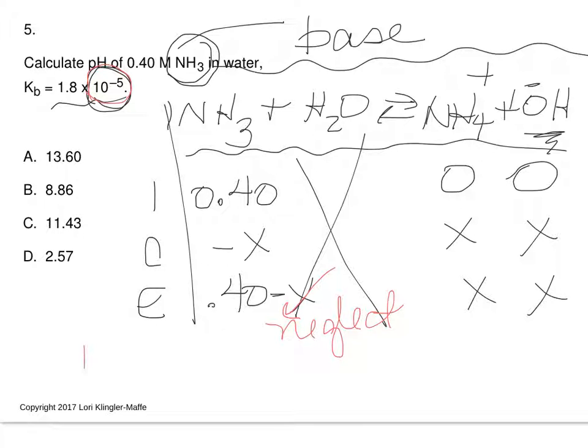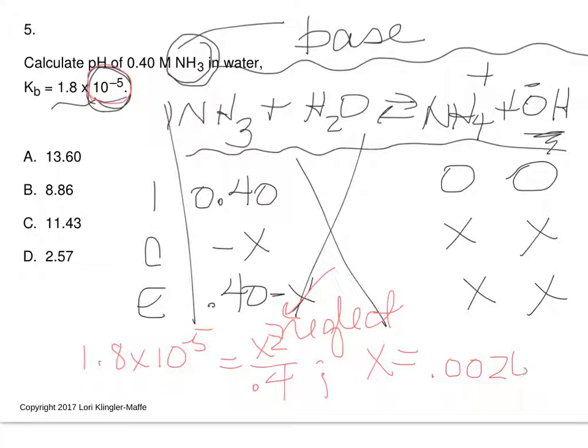And so I can now say that Kb, 1.8 times 10 to the minus 5, equals x squared over 0.4. If I then solve for x, I get that it is 0.00268 molar.